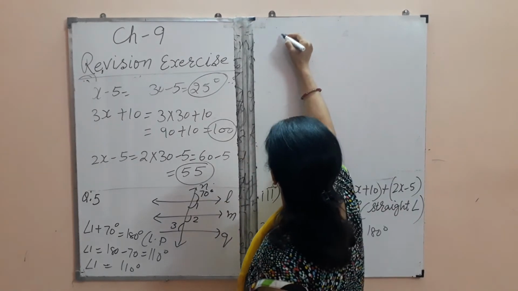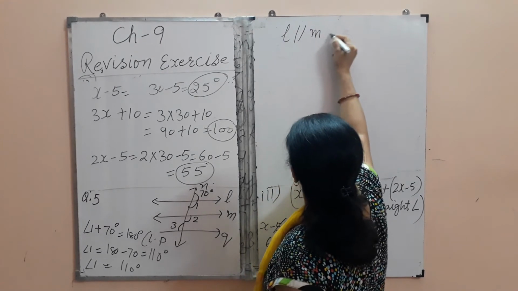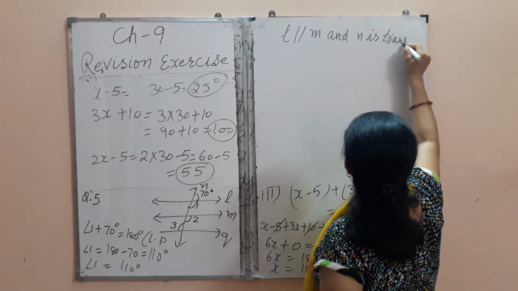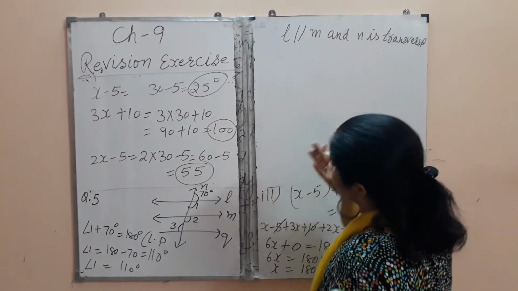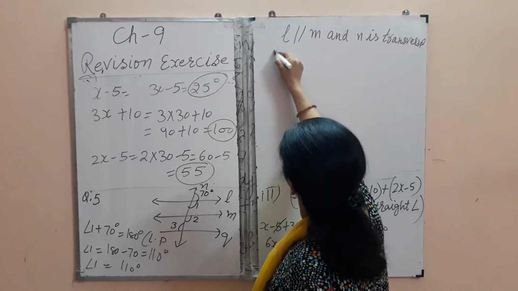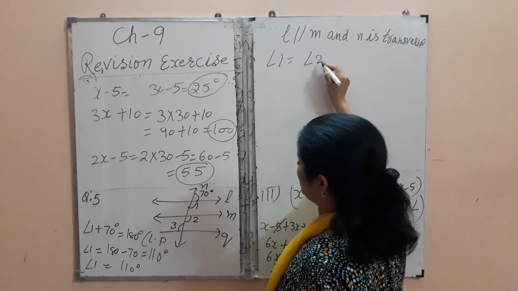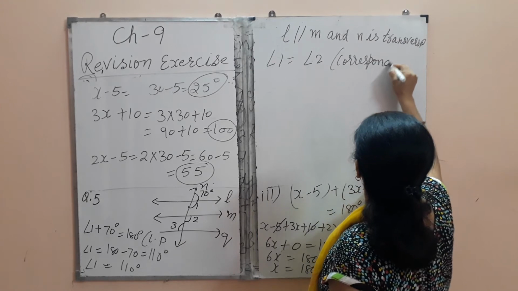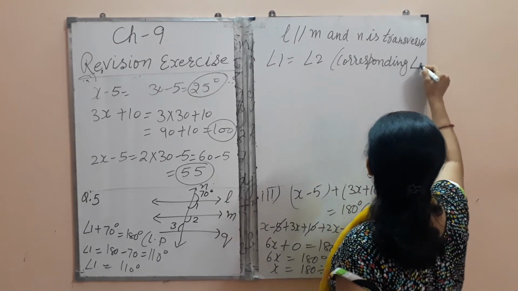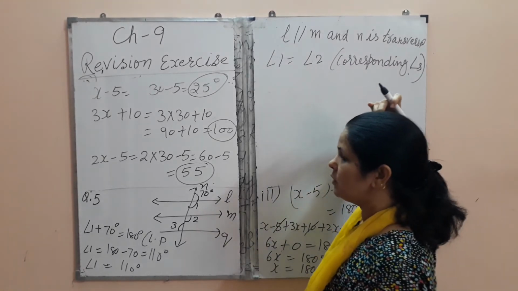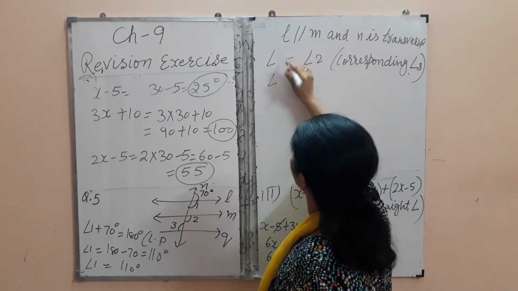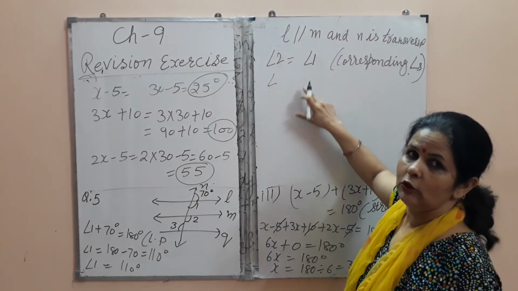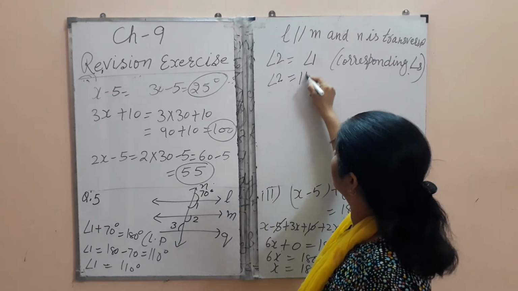So if L parallel to M and N is transversal, then angle 1 equals angle 2, corresponding angles. Angle 1 we have found is 110, so angle 2 equals angle 1, because the value of 1 we know, we will write it here. Angle 2 equals 110 degrees.